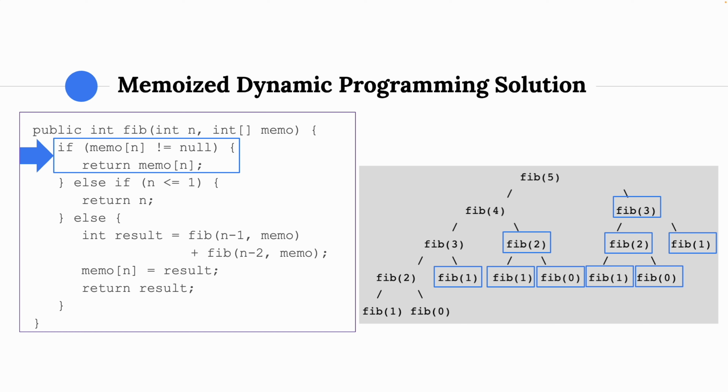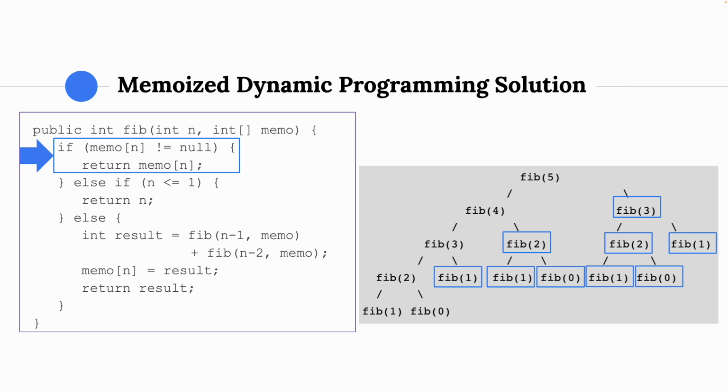Previously, how many times would we solve the problem of Fib 0? Once, 1, 2, 3, 3 times. How many times would we solve the problem of Fib 1? 1, 2, 3, 4. How many times would we solve the problem of Fib 2? Again, 3, and so on and so forth. In this particular case now, we're going to avoid doing the extra work. We're just going to go linear, right? So we start with Fib 5, and then we go Fib 4, then 3, 2, 1, 0.